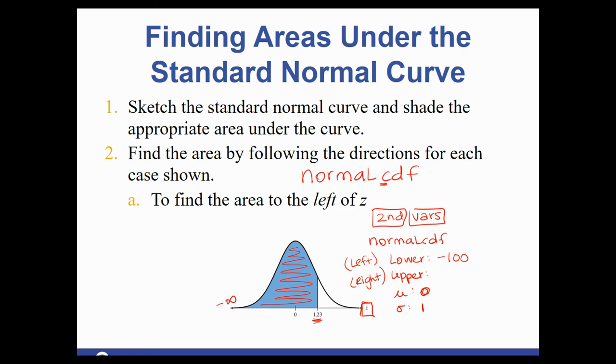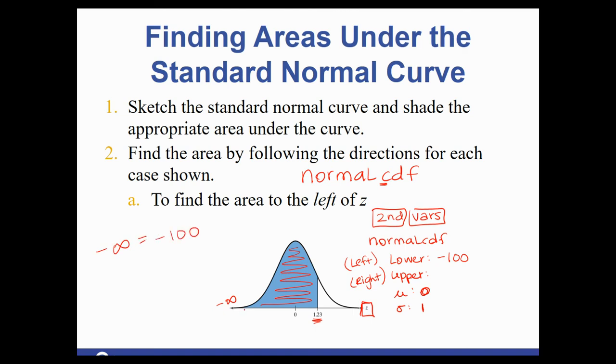Now that might not sound like a really big number, but that's 100 standard deviations out to the left. That's a lot. And in fact, if you add a few more zeros onto that, you're not going to notice a change in the answers that we are going to get. So that's a big enough number that we're going to get our correct answers every time. But if we needed more decimals, we might add more zeros. But we're going to do -100 through all of this course. So that's our lower. If we're ever talking about negative infinity, use -100.